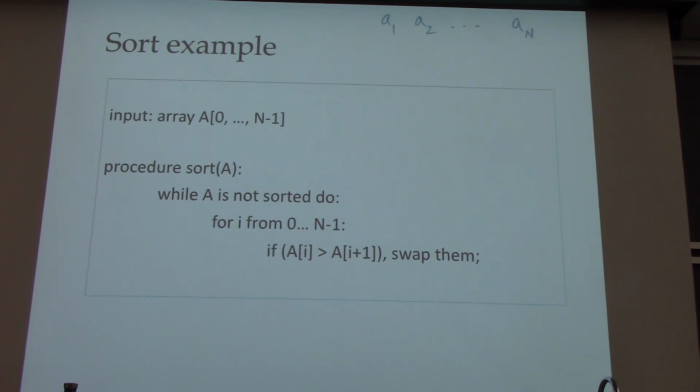Go from left to right and swap the adjacent ones if they are out of order. So maybe if A2 is bigger than A3, swap A2 and A3. This will do some local corrections, and you do it from left to right, and keep doing this until A is actually sorted.